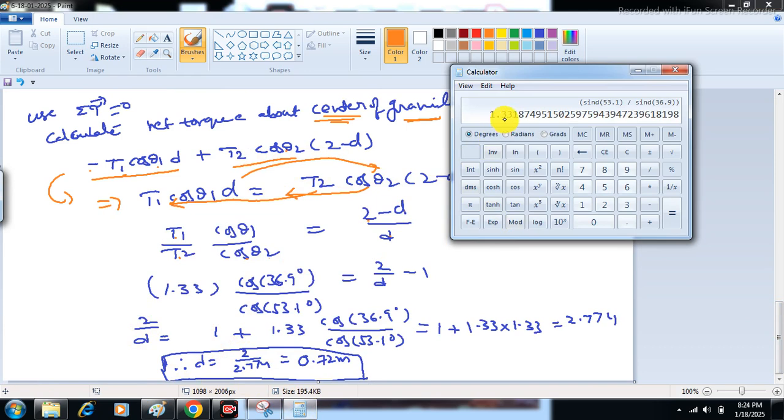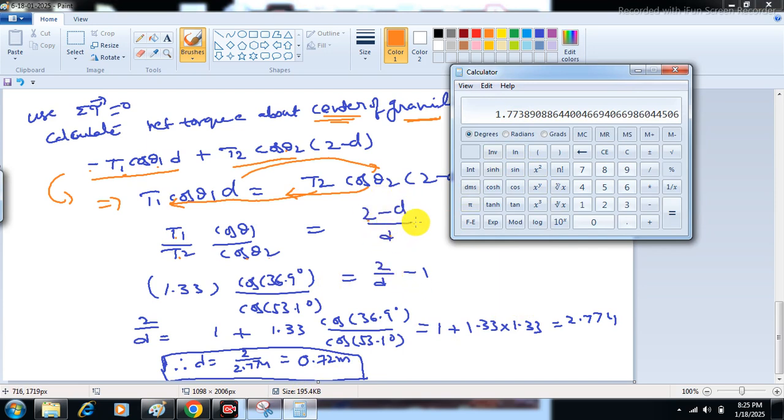T1 by T2 we have already calculated in the previous equation, that is 1.33, into cos theta 1, that is cos 36.9 by cos 53.1. So this is equal to 1.33 times this value, equal to 1.774. And the 2 minus d by d.